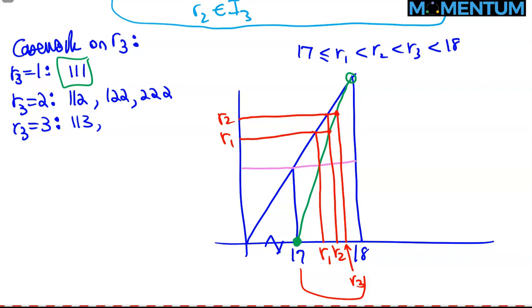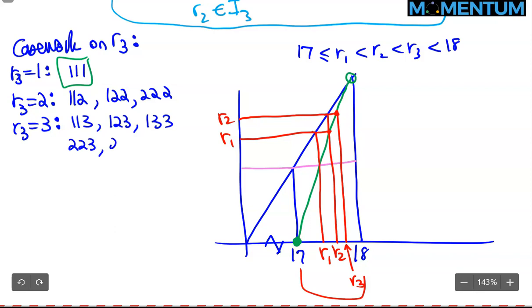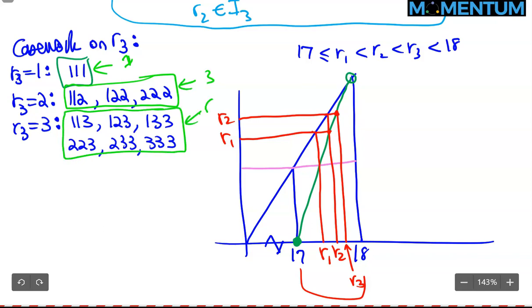So 1, 1, 3 is possible, 1, 2, 3 is possible, 1, 3, 3 is possible, 2, 2, 3 is possible, 2, 3, 3 is possible, or 3, 3, 3 is possible. Do you guys see the pattern so far? So one solution in this case, 3 solutions in this case, 6 solutions in that case.